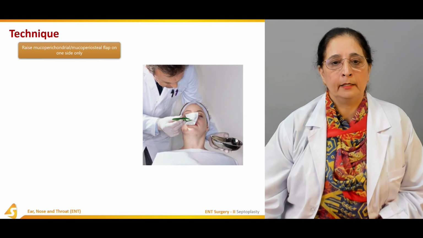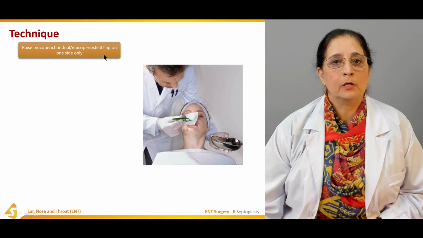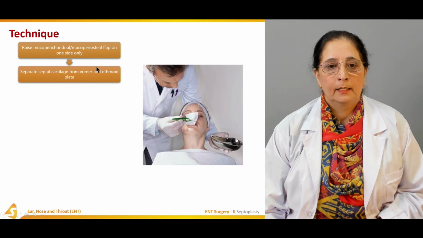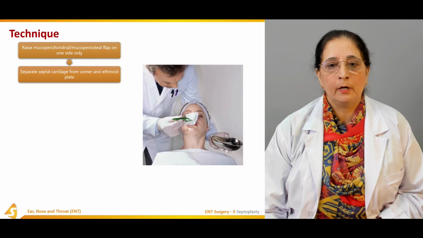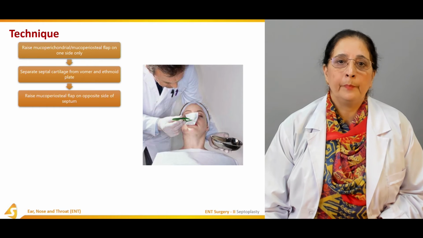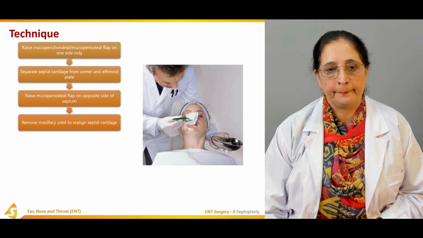Technique: raise the mucoperichondrial, mucoperiosteal flap on one side only. Separate the septal cartilage from the vomer and ethmoid plate. Raise the mucoperiosteal flap on the opposite side of the septum.